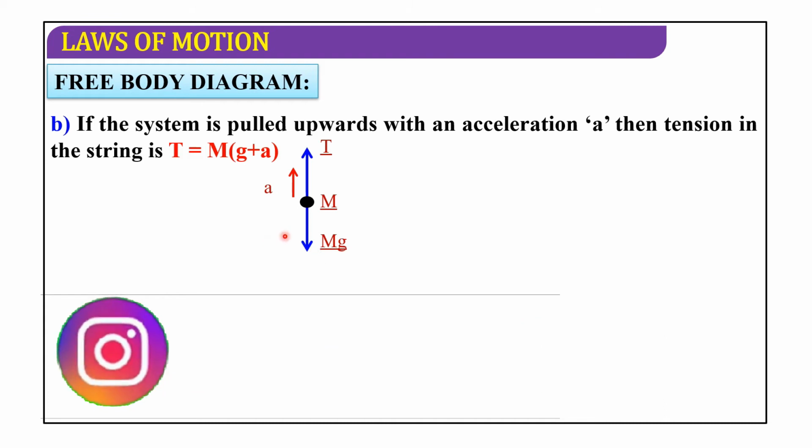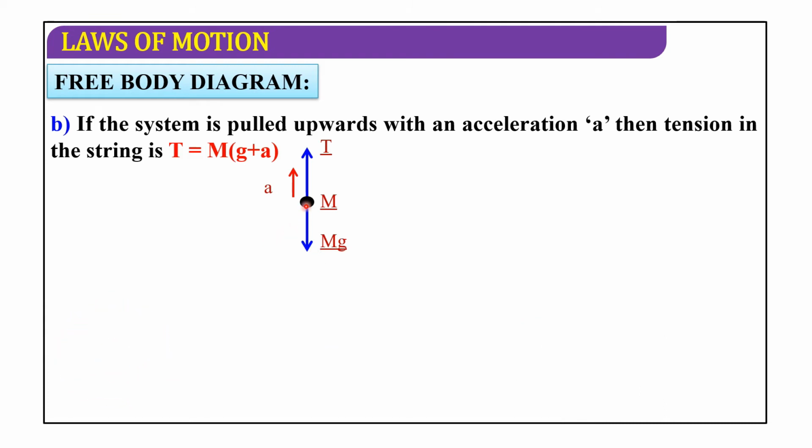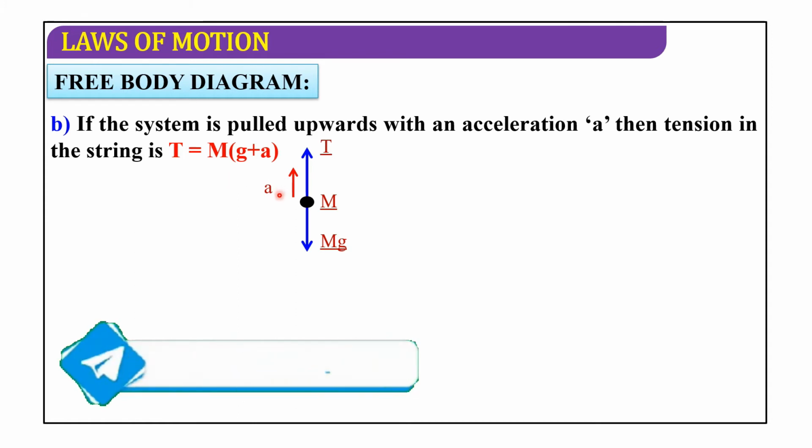See here, now the system is pulling upwards with an acceleration A. So, the tension T is equal to m of (g plus A). Here we are adding acceleration due to gravity.